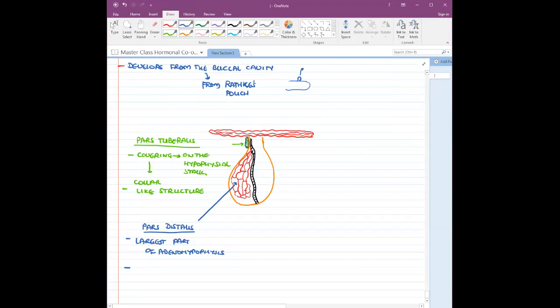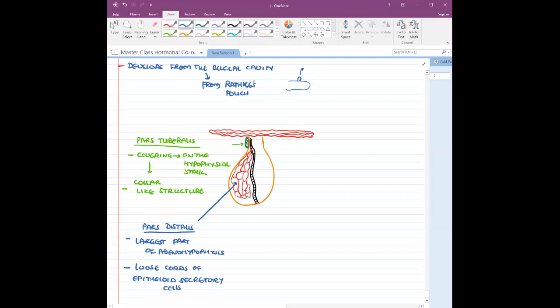So once again, this is the largest part of your adenohypophysis. Second thing, it shows loose cords of epithelioid secretory cells, because at the end of the day these are all going to produce your different kinds of hormones.